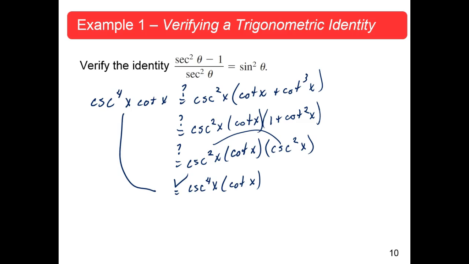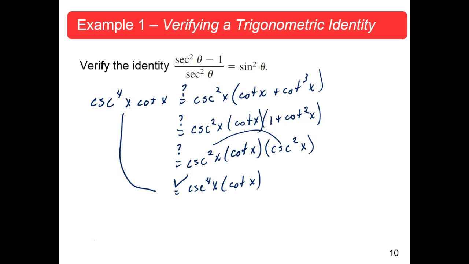Cosine squared u. Perfect. Number 6. Cosine of pi halves minus u is, a little louder. I can't hear you. Secant. No. Cosine of pi halves minus u. Sine u. Exactly.